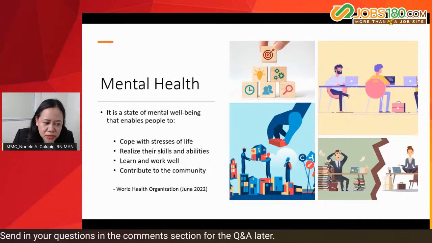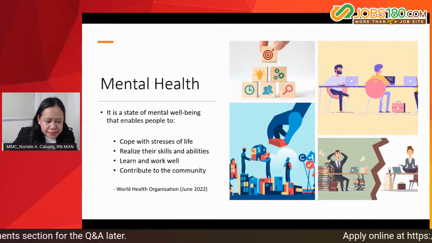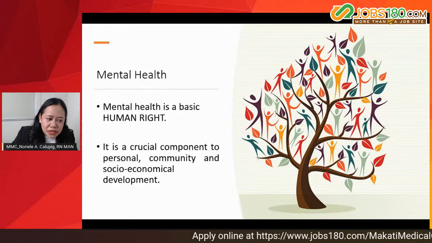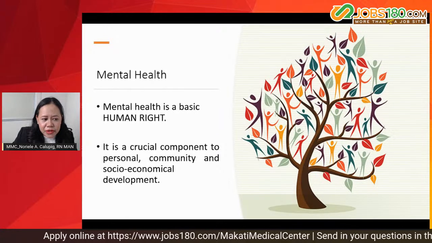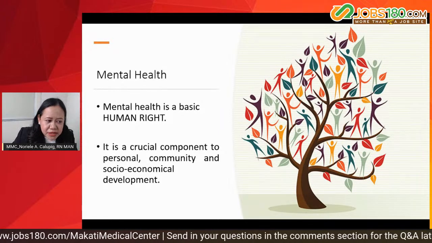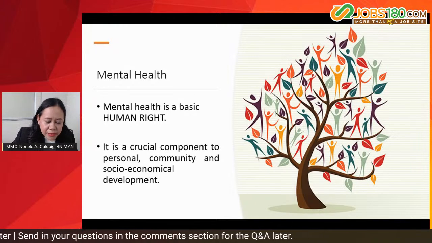And number three is to contribute to the community. Mental health is everyone's human right. So these are the crucial components of every individual in acquiring good mental health through personal, community, and socio-economic development.